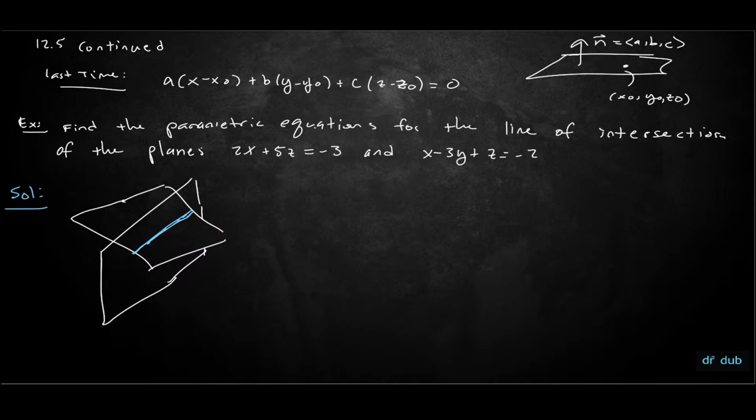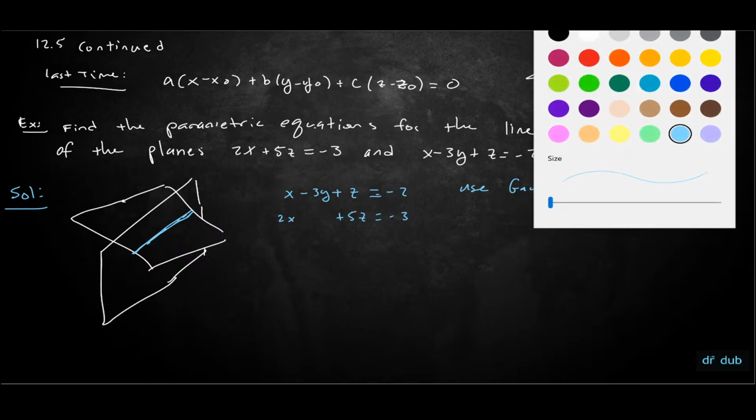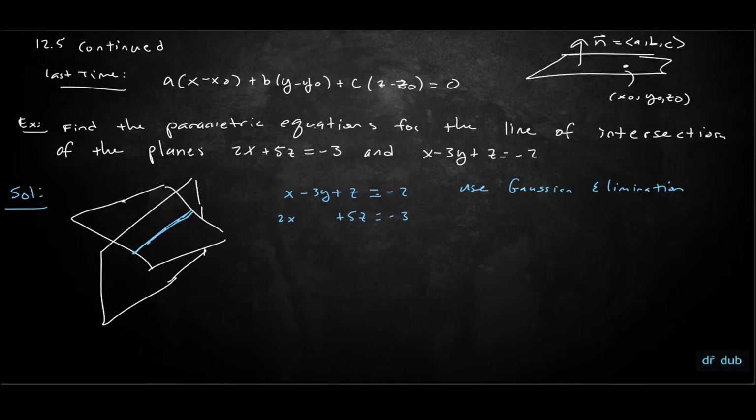What I think I'll do is use Gaussian elimination. So I have x minus 3y plus z equals -2, and then 2x plus 5z equals -3. So what I'll do is multiply the first equation by 2 and then subtract the second equation.